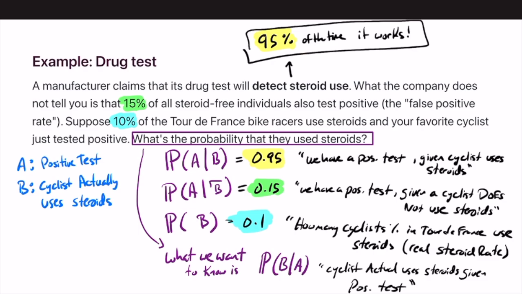All right, so let's actually solve this problem. This is the hardest part, what we've just done here. It is absolutely the most difficult part, because if any of these numbers don't actually match with these things, then you're going to get a wrong probability. But if these are correct, then it's just a matter of substituting these numbers into Bayes' rule and then solving.